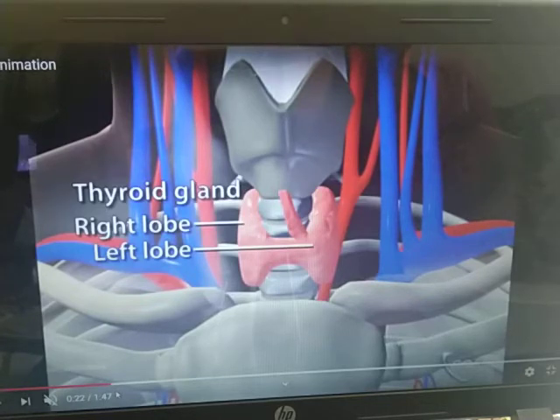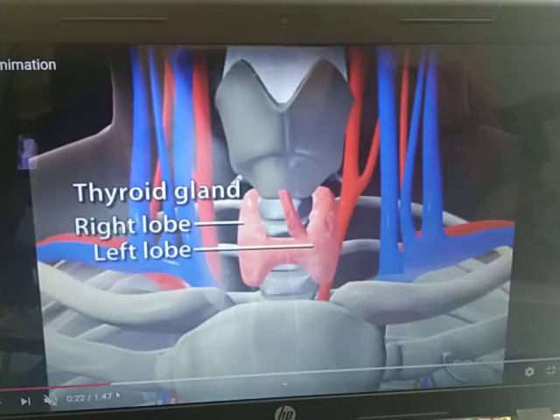Thus thyrocalcitonin has an action opposite to that of parathyroid hormone on calcium metabolism. Thyrocalcitonin is also called calcitonin, and it is a peptide containing about 32 amino acids.